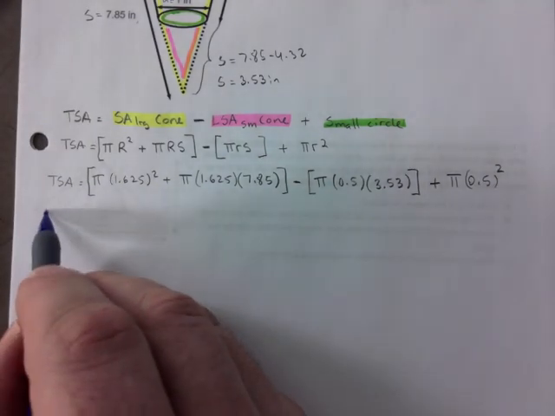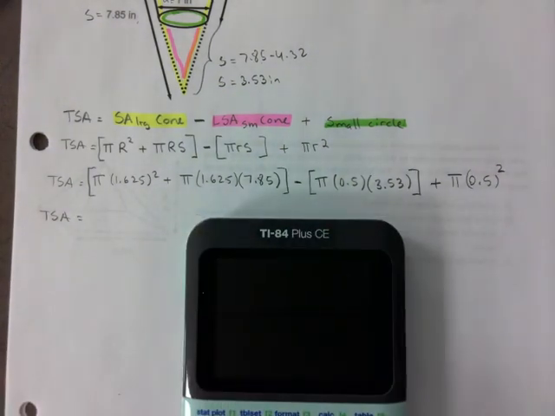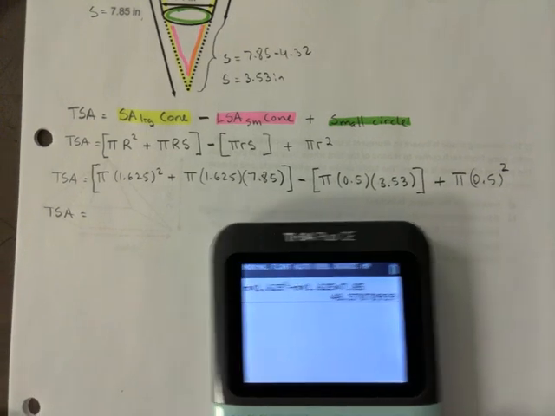So let's see here. I would break it down a little bit at least, just to be safe. So let's see here, pi times 1.625 squared plus pi times 1.625 times 7.85. All right, do that square bracket.